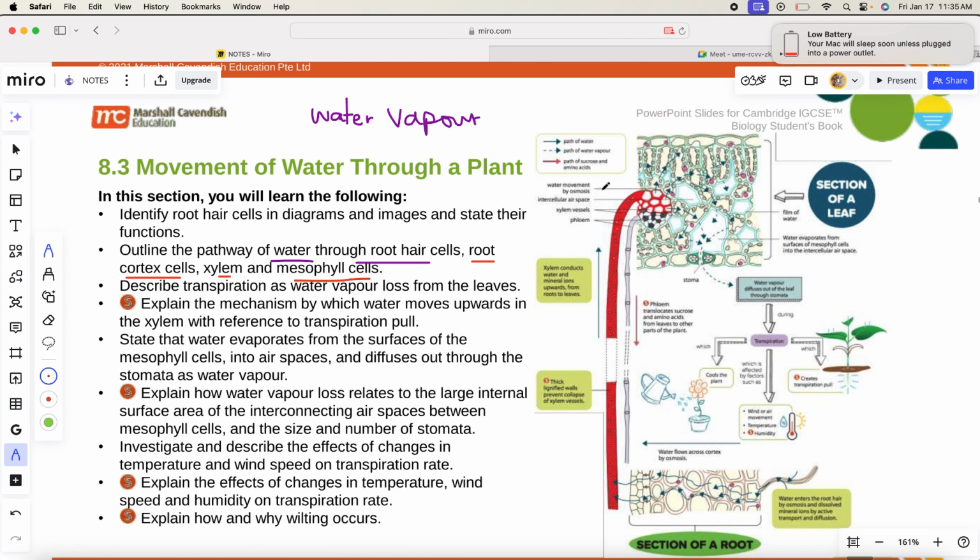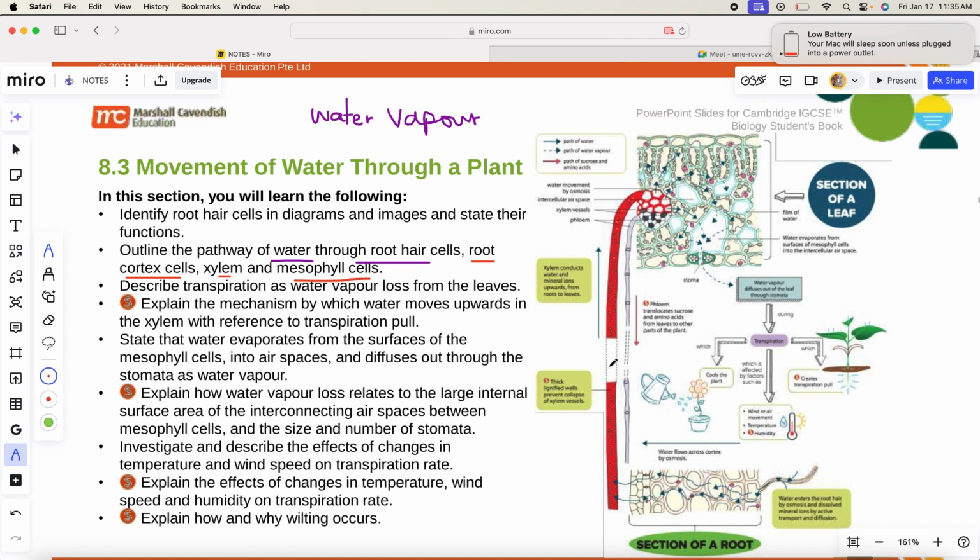When we say mesophyll, we are talking about the palisade mesophyll. The water travels all the way to the palisade mesophyll layer for photosynthesis to take place. We should also understand where the water moves upward. It goes through the xylem vessels. It doesn't go through the phloem tube. So you must understand that.